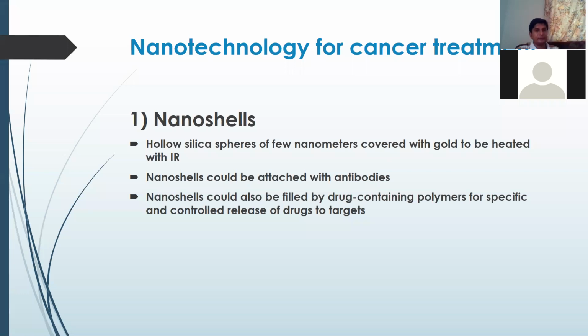So nanoshells could be attached with gold nanoparticles, nanoshells could be attached with antibodies, and nanoshells could also, at the same time, be stuffed with certain drugs, so that these drugs could be released on very specific areas, on very targeted sites inside the body, so that the cancer tumors could be treated in a very specific and targeted manner. So this is how nanoshells could be employed in order to treat cancer tumors.